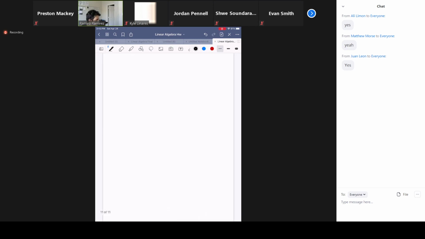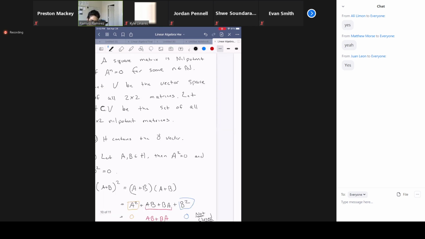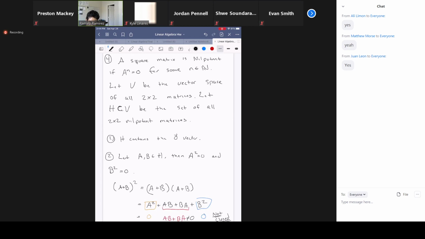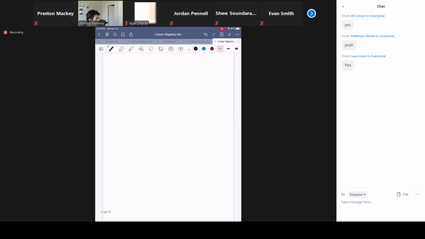Okay, well, now we have to find two matrices such that this is not equal to 0 in general, right? You can probably just think of it. You can maybe do 0, 1, 0, 0, and then do 0, 0, 1, 0.